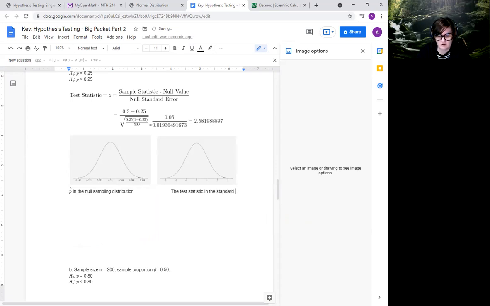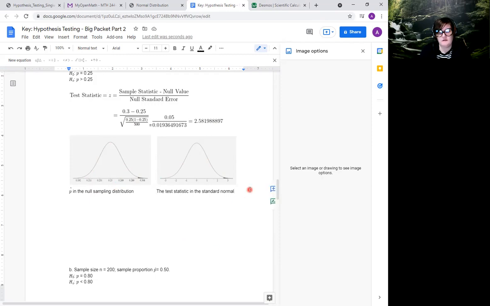S-T-A-N-D-A-R-D, standard normal. So here's our Z-score, or our test statistic, in the standard normal curve. And here's our p-hat, or our sample statistic, in the null sampling distribution. So either way, this area here that's being created is the same.